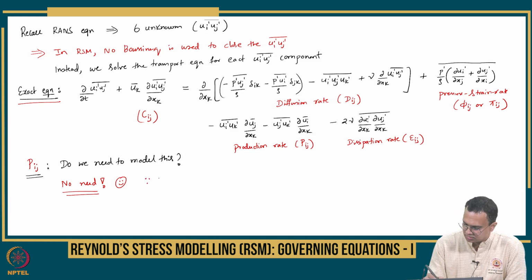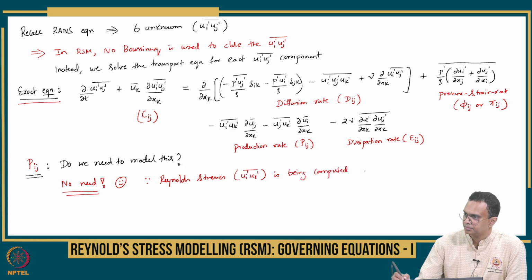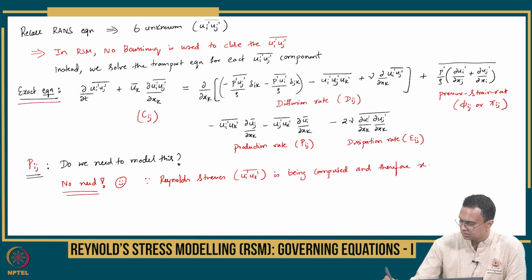That's because your ui prime uk prime average is being computed and therefore readily available.